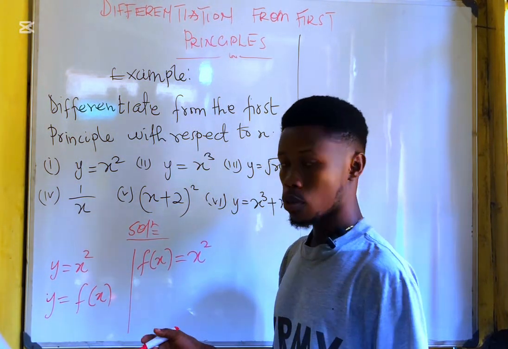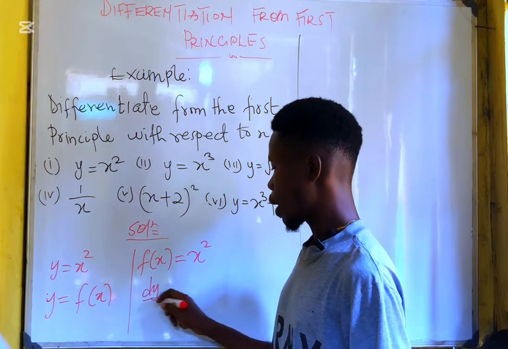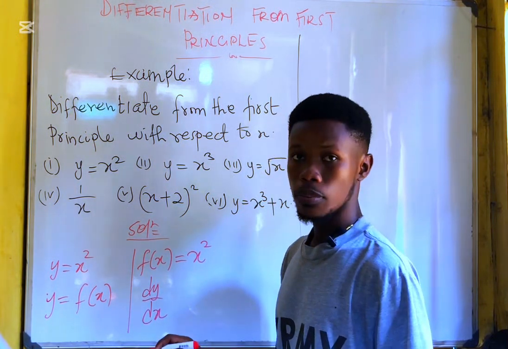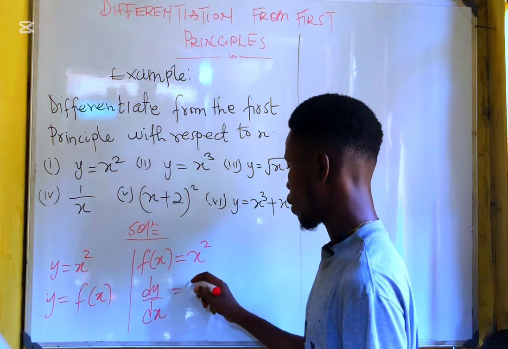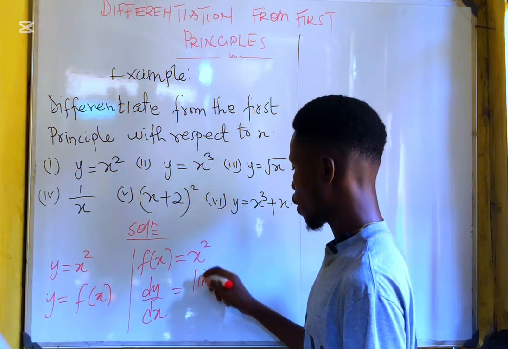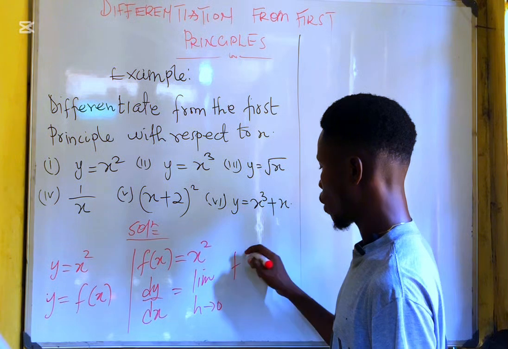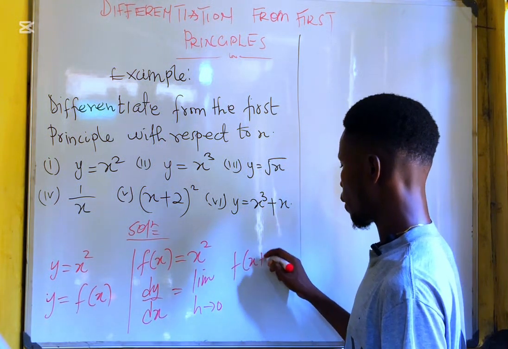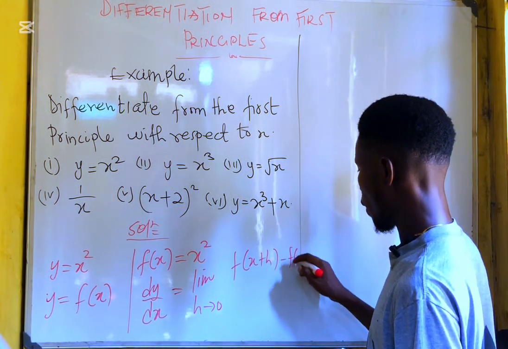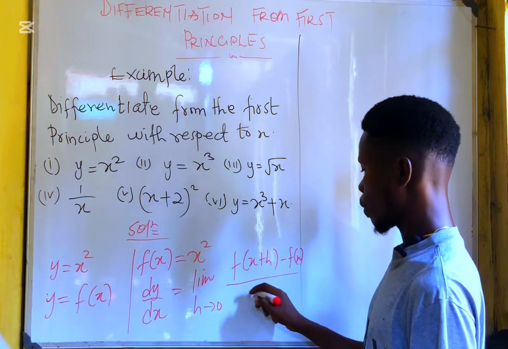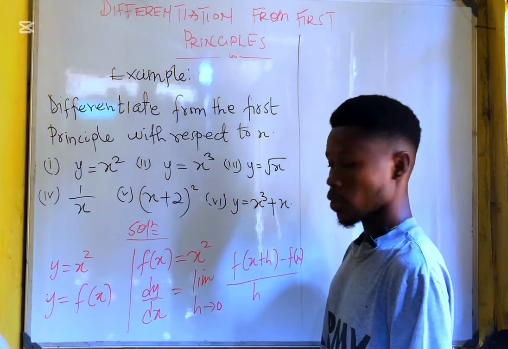So the formula, which one are you using? If I'm using dy, I can use this denotation. dy/dx equals the limit as h approaches 0 of f(x plus h) minus f(x) all divided by what? h. Is that okay?